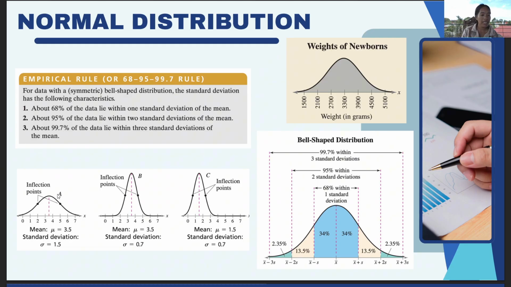And the second one is about 95% of the data lie within two standard deviations of the mean, which you can see in the second picture. And the third characteristic is about 99.7% of data lie within three standard deviations of the mean, which you can see in the last picture.